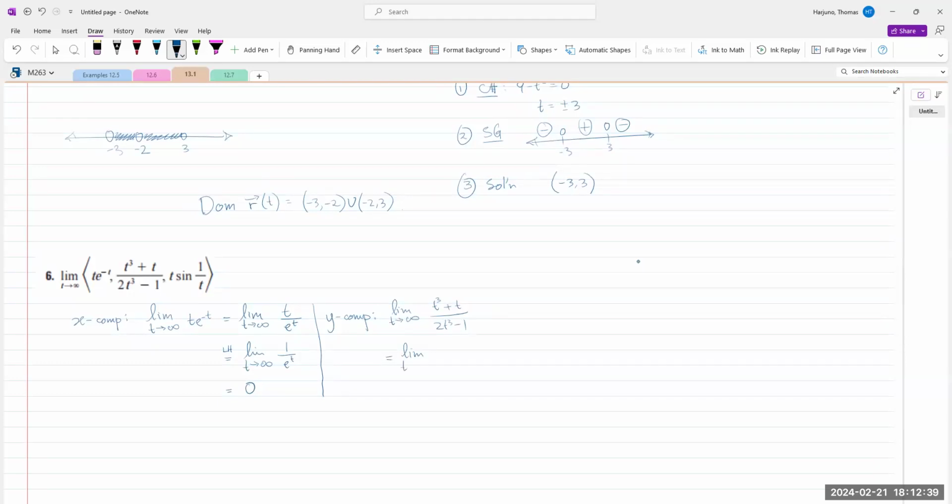Divide by t cubed on the top, divide by t cubed at the bottom. And we get (1 plus 1 over t squared) over (2 minus 1 over t cubed). When t goes to infinity, I will get 1 plus 0 over 2 minus 0, which is 1/2.